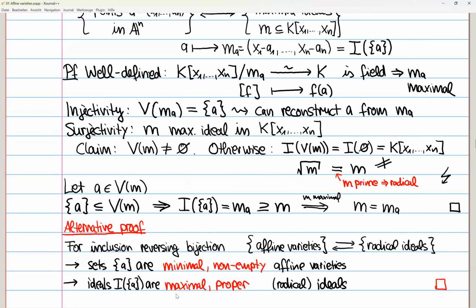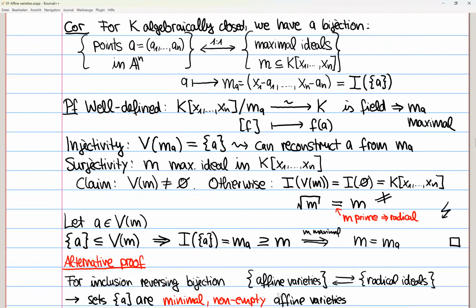So this last part, you should convince yourself that being maximal among radical ideals is the same thing as being maximal among all ideals which are proper. Okay, but so somehow we can see this result in two different ways.